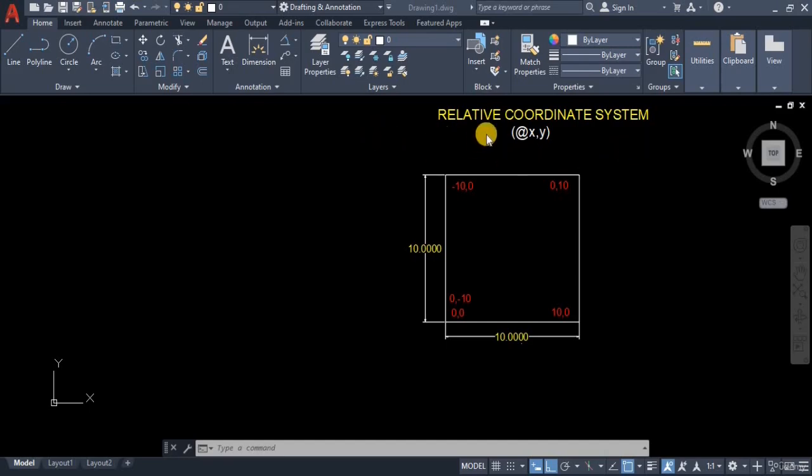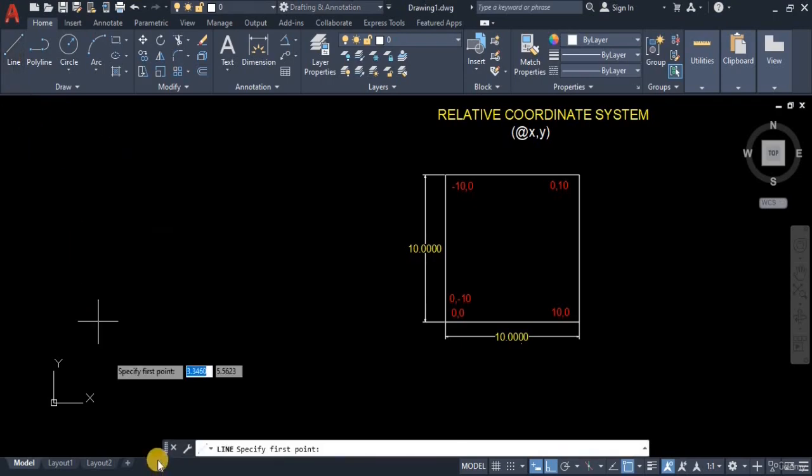So let's see how we can use the relative coordinate system to draw this rectangle. And this is what you need to know. For the relative coordinate system, instead of typing the prefix like we did in the absolute coordinate system, it is going to be @. So let's see how we can do this. Go to the line option, click on line, double click on this.